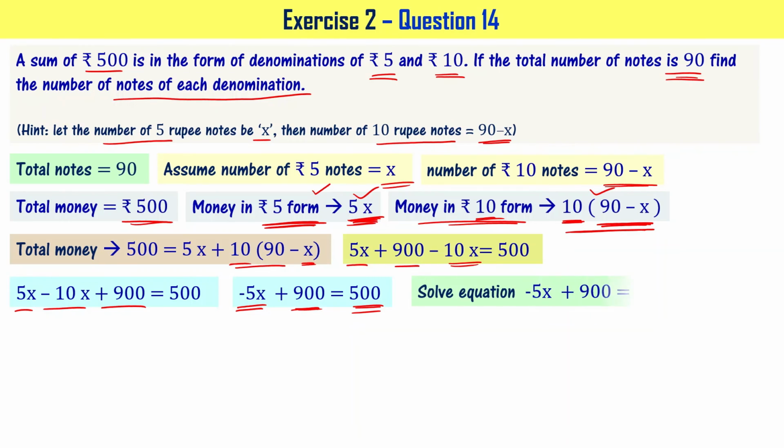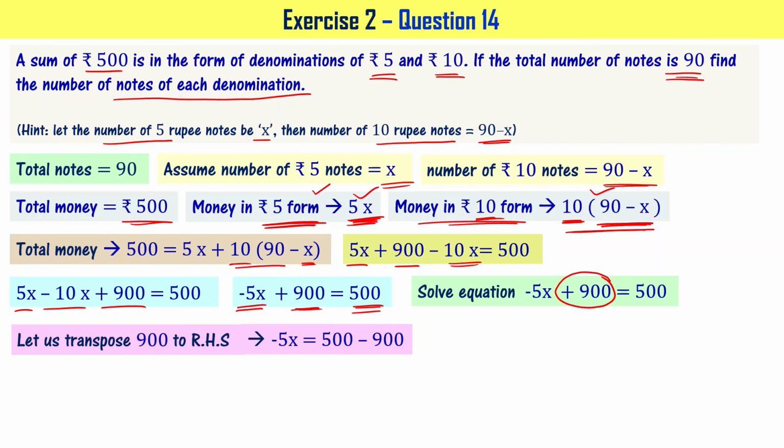We can solve this. When you want to solve, what you do is you transpose plus 900 to the other side. When you do that, it becomes minus 900. So the equation you have is minus 5x equal to 500 minus 900, right? When you simplify it, it becomes minus 5x equal to minus 400, right? 500 minus 900 equal to minus 400.